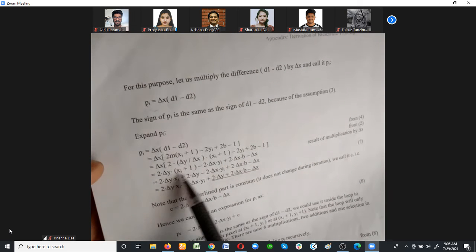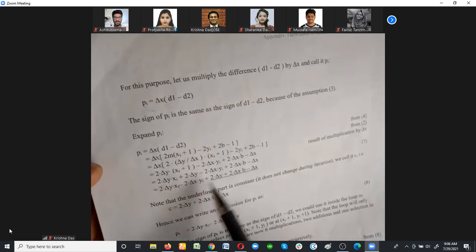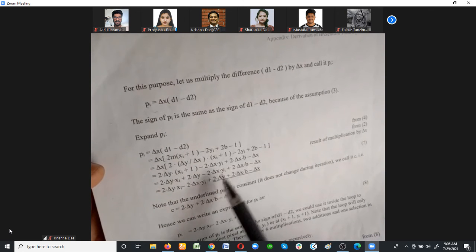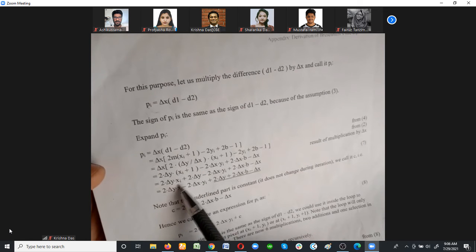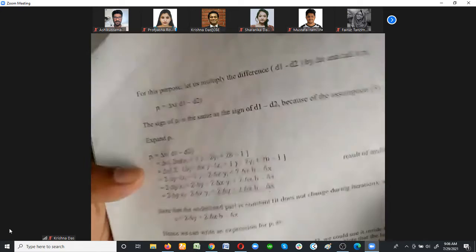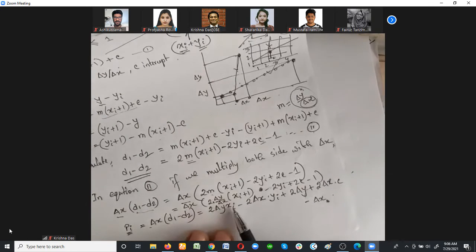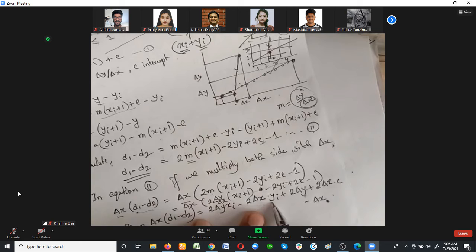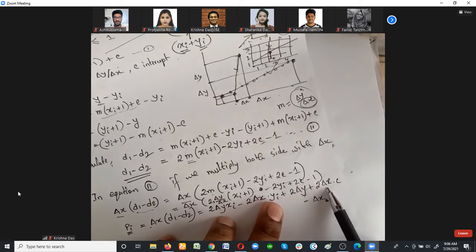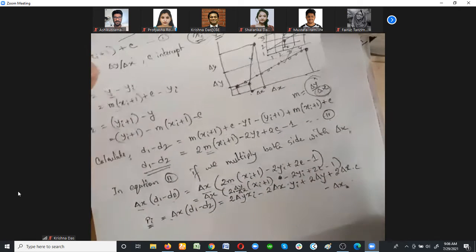Now if we simplify, 2 del y x i, and this one is 2 del y, and this one is 2 del x y. So we have taken the del x y i and del y x i here, and the other one is here. Write down here: 2 del y x i, 2 del x y i, and 2 del y del x c, and minus del x.